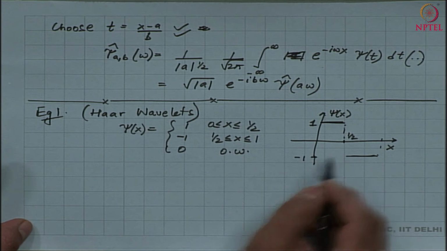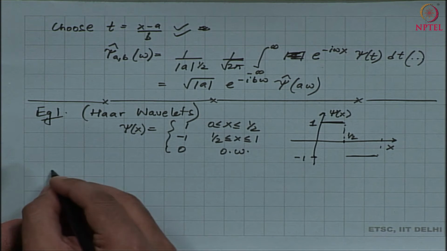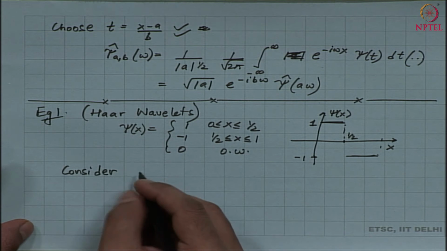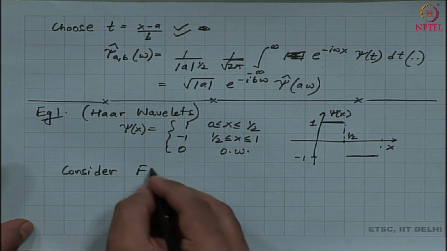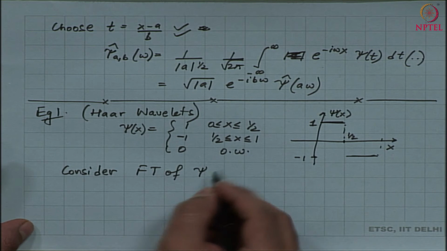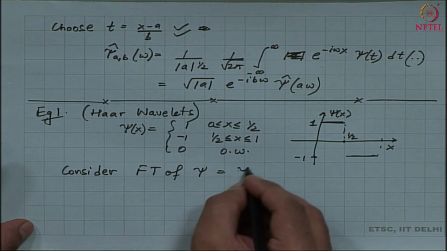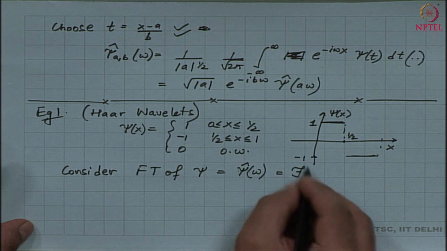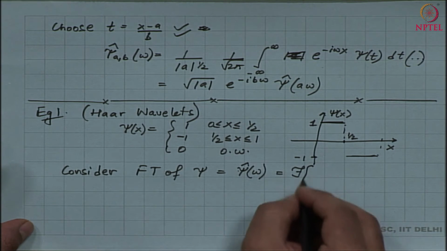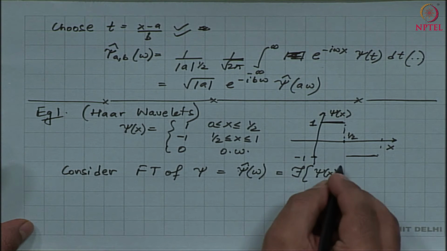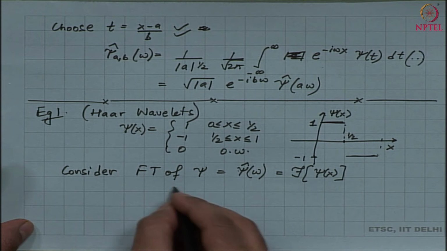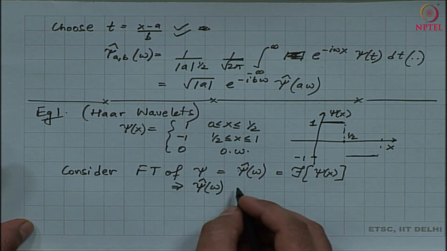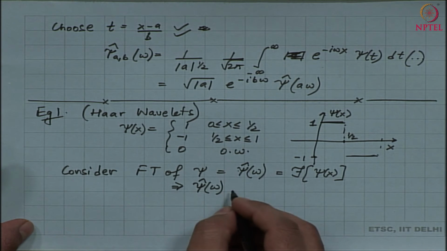So, let us see what is the Fourier transform of this Haar wavelet. The Fourier transform of psi will be denoted by psi hat of omega. Let me just evaluate and give you the final expression of this transform.